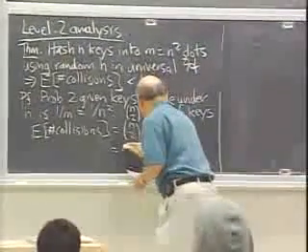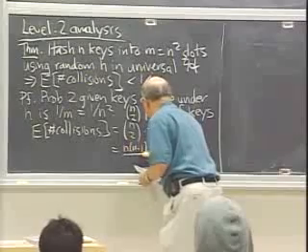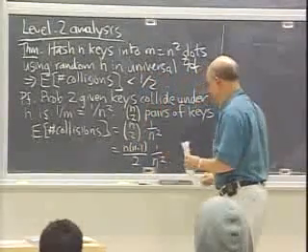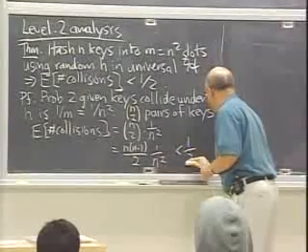So that's equal to n times n minus 1 over 2, if you remember your formula, times 1 over n squared. And that's less than a half.